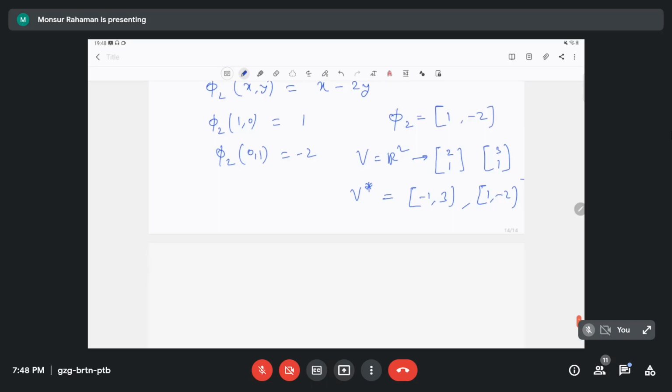Okay, so this is totally different. If I just say 2 1, you can say this is a vector, but if I write it as a row, this is a co-vector. This is a vector and this is a co-vector.